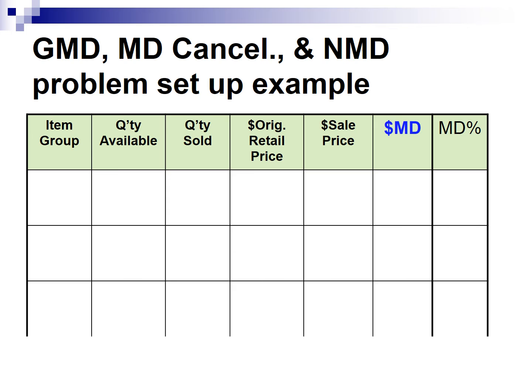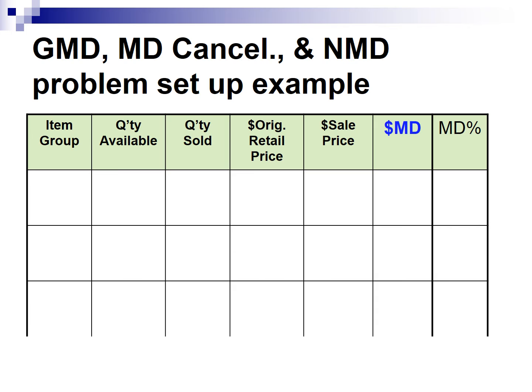And what's absolutely the most important thing is the dollar markdown column here. For any kind of markdown problems, you have to first know the dollar markdown for each individual item. So whether it's a gross markdown problem or markdown cancellation or net markdown, whichever it is, the dollar markdown is the key piece of information. If it wasn't given, you have to calculate that first.